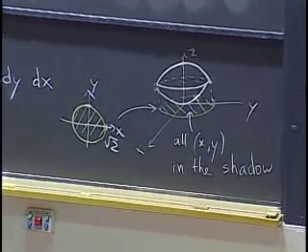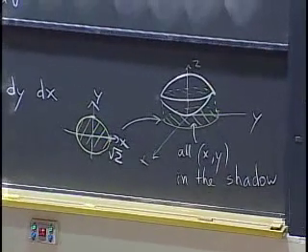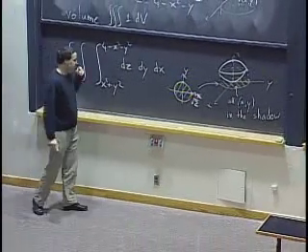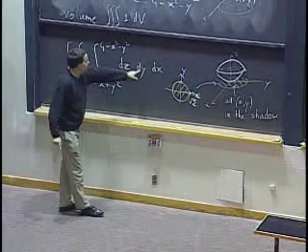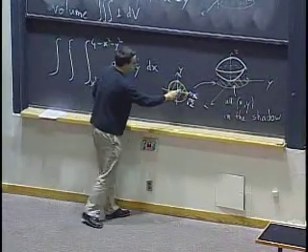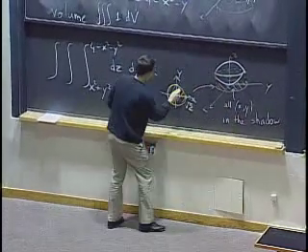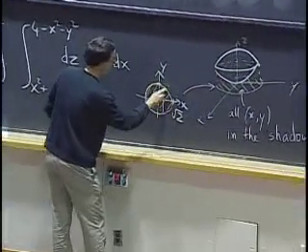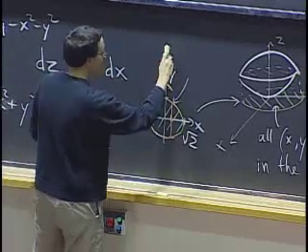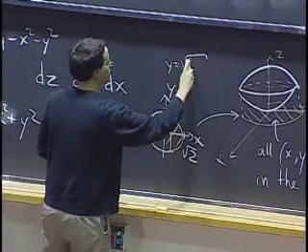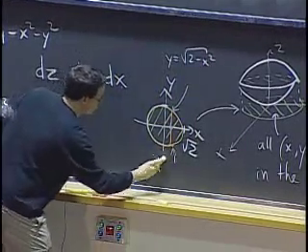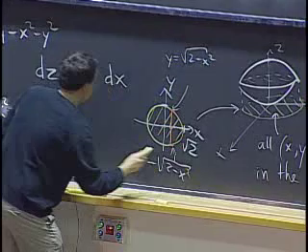So if we really want to set it up using dy dx, like I started, then we can do it. For the middle integral now, we want to fix a value of x. And for that fixed value of x, we want to figure out the bounds for y. Well, y goes from here to here. Here, y is square root of 2 minus x squared, and here it's negative square root of 2 minus x squared.